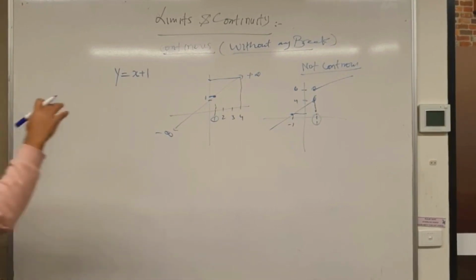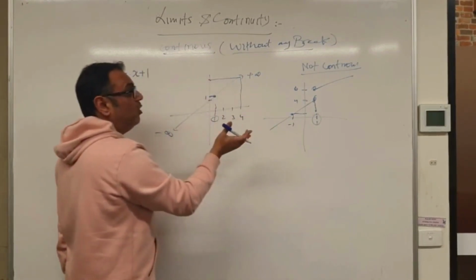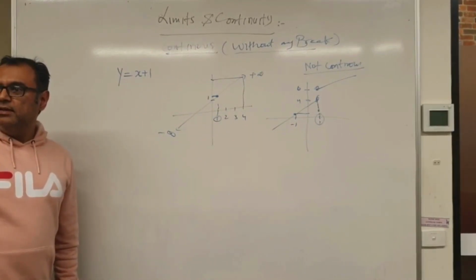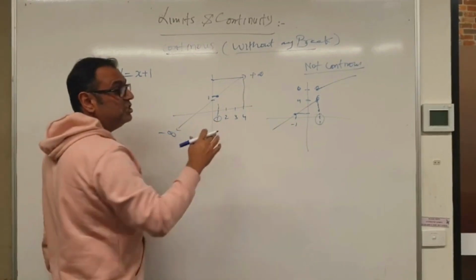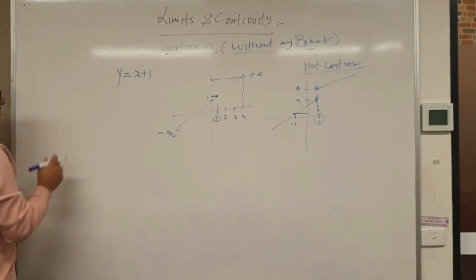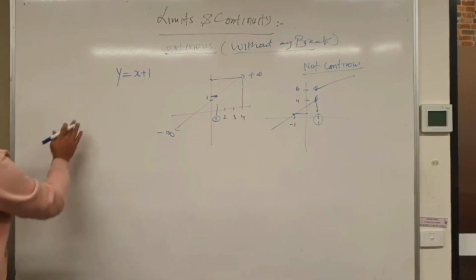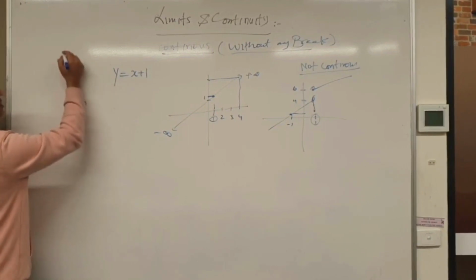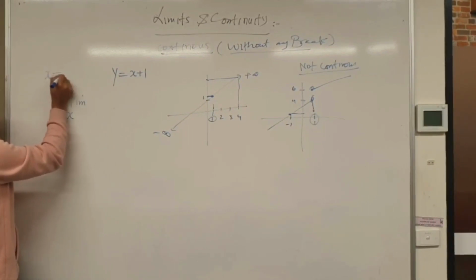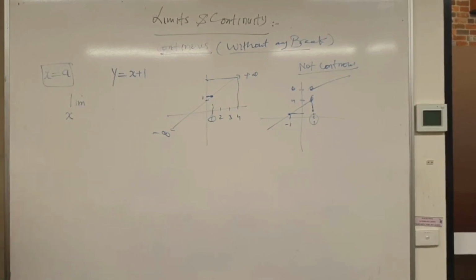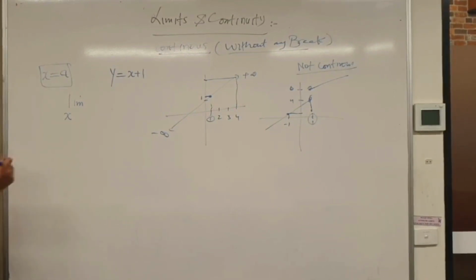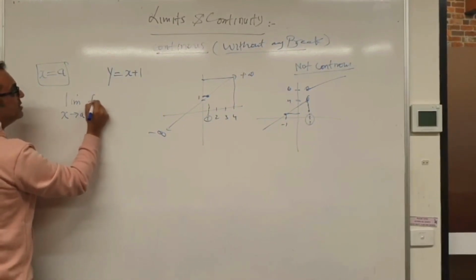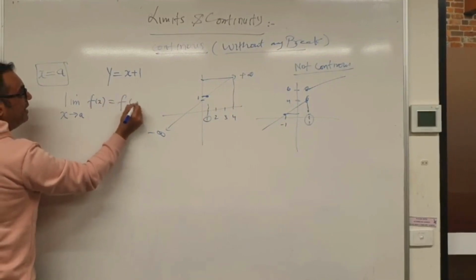Now, if I were to connect the dots between limits and continuity, to check whether the function is continuous at a value x equals a, I will say the limit as x tends to a of f of x should be f of a.